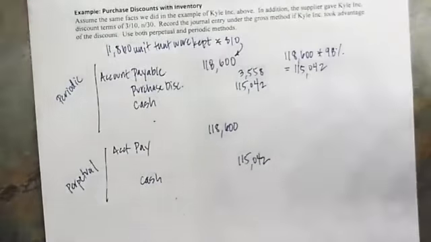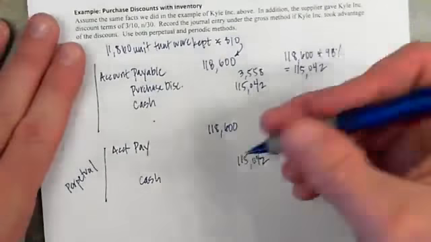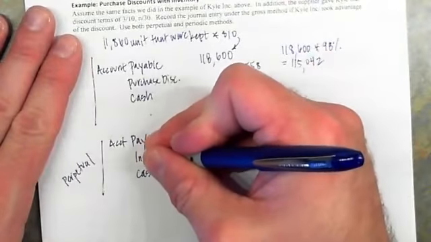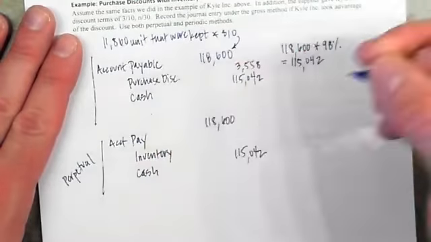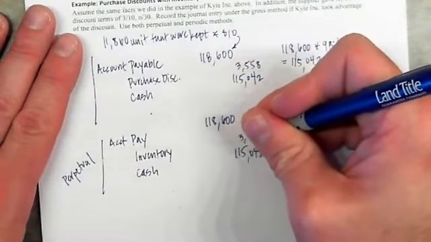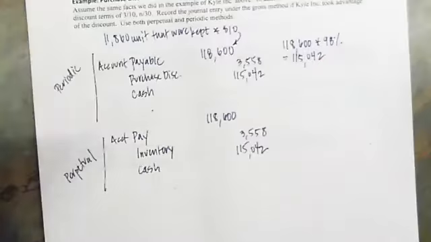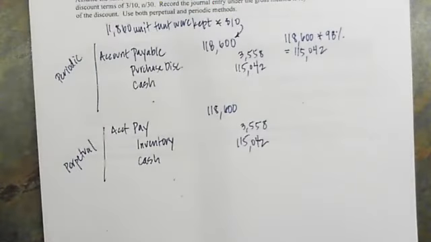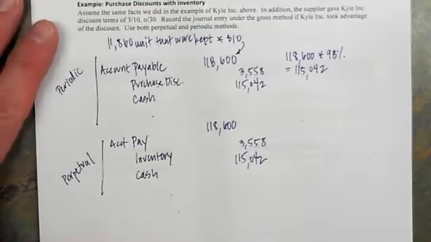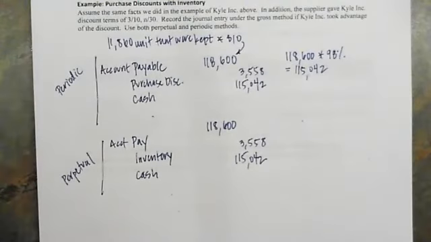But rather than crediting a purchase discount, we just credit the value of the inventory directly, because any discounts we get mean that we pay less than the amount that's in the inventory account, and therefore we reduce it by that discount. We just lose the actual amount of the discount. It just looks like inventory left.